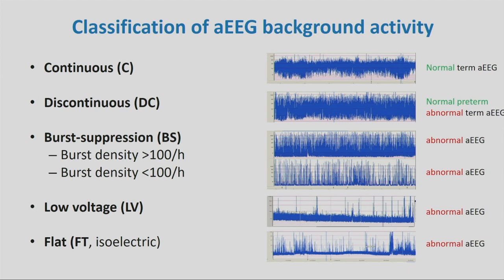Basically, what the aEEG shows you is the difference in amplitudes you get. Whereas if the EEG activity is of low amplitude but continuous, then you have this pattern. Whereas if you have flat periods, then it becomes here, and this is due to the higher amplitude bursts.